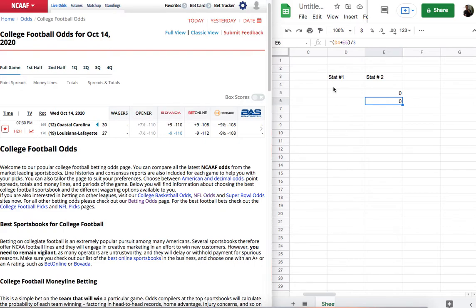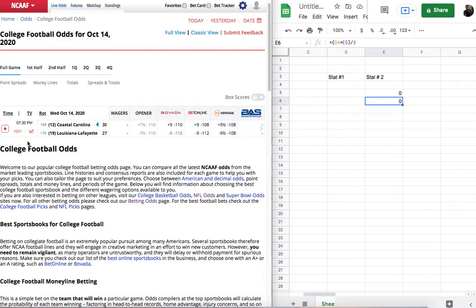What I'm doing off screen, you can't see, is I'm taking the Coastal Carolina stat that I'm using, and for my college football model, I use stats from the last 3 games. Which means I'm using Coastal Carolina stats for the 3 games prior to this game.